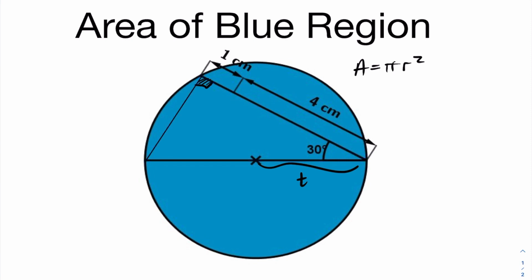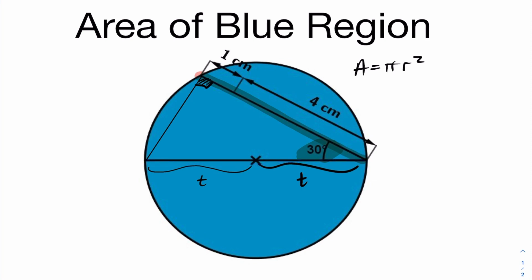But now what we have here is I know this length here is also t. So now we're in a situation where I have a measure. In this case, I know it's 30 degrees. I know the total length of this leg of the triangle is 5. And I know that this is equal to 2t.